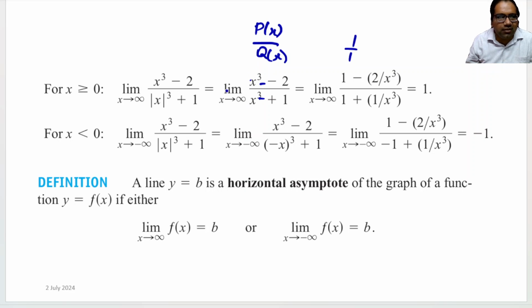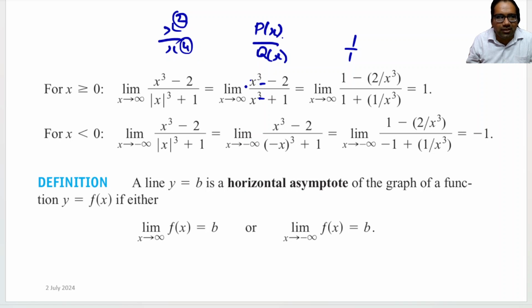We discussed that when the highest powers of both p of x and q of x are the same, then the ratio of the coefficients is the horizontal asymptote. For example, if it is in the form of x squared by x power 4, where the highest power in the denominator is greater than in the numerator, then the x-axis is the asymptote, right?